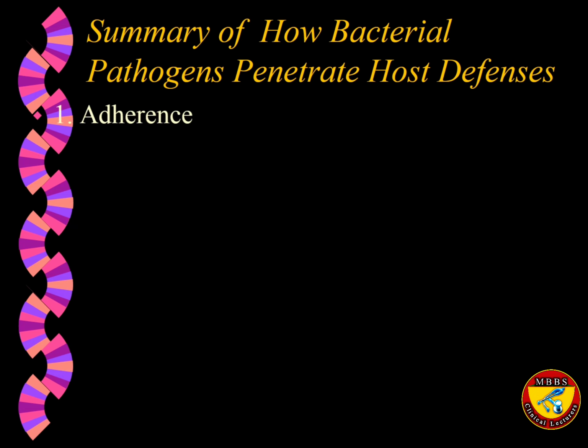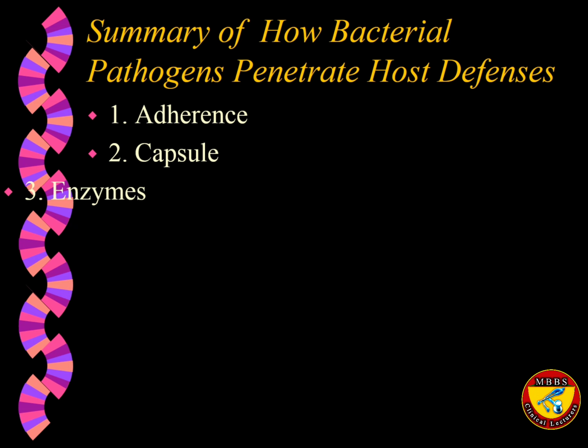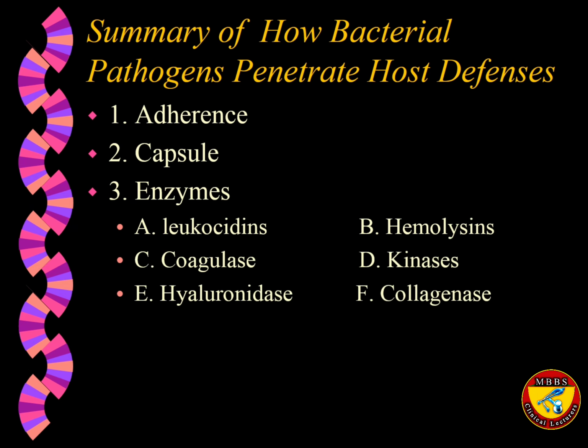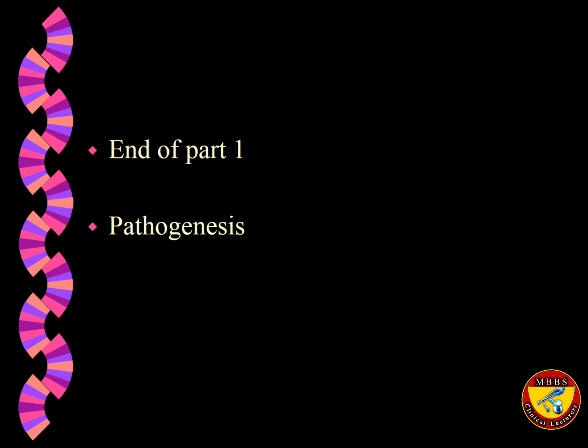They adhere to the mucous membranes by means of fimbriae, or they might have a capsule. They secrete certain enzymes, like leucocidins, hemolysins, coagulase, kinases, hyaluronidase, collagenase, and necrotizing factor, lecithinase, and these help them establish infection in the host.